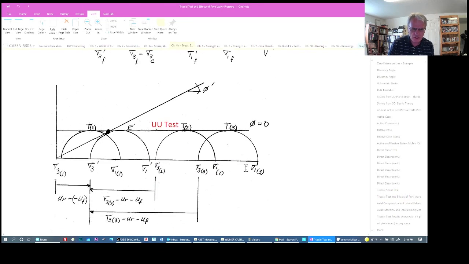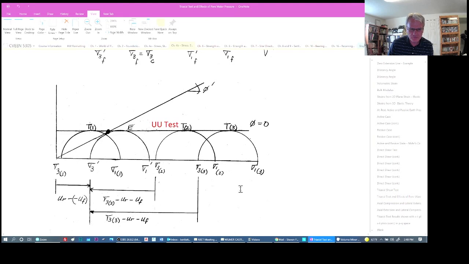The unconsolidated undrained test basically says no matter what we do, when we shear it, we generate pore pressures and we get an envelope that's essentially horizontal, so the friction angle is 0, and this intercept here would be a fictitious cohesion.